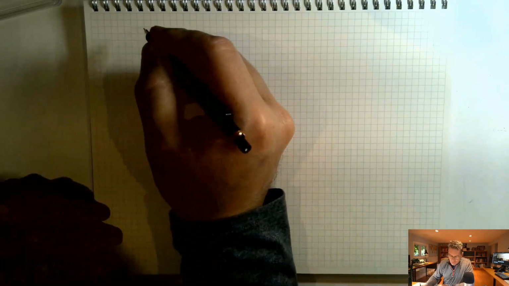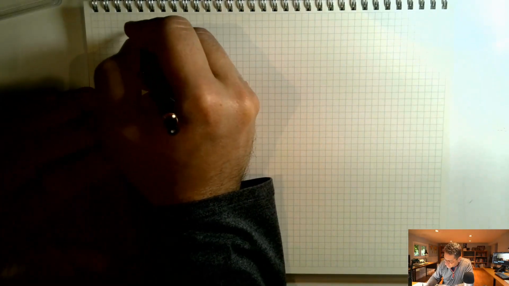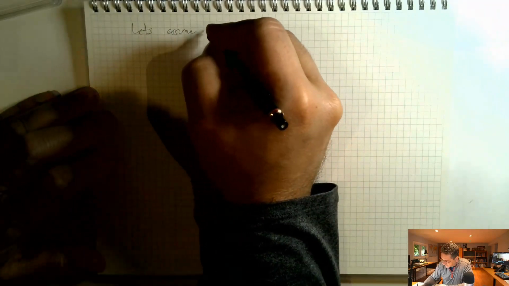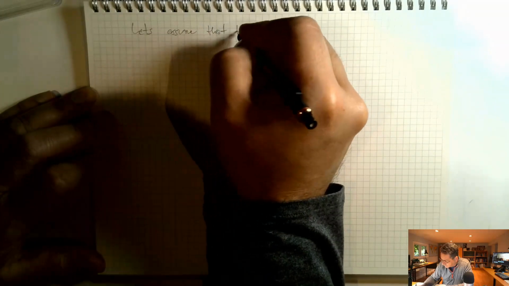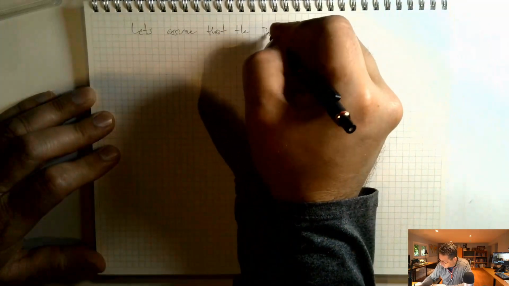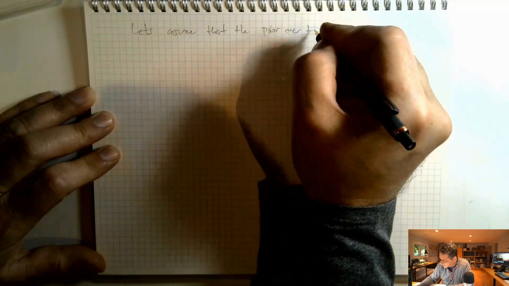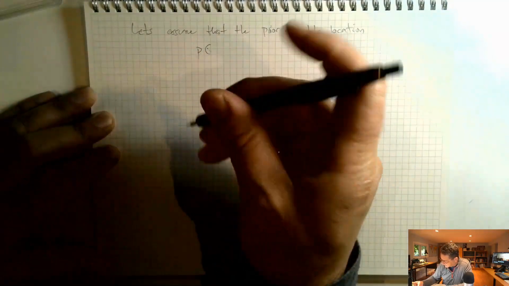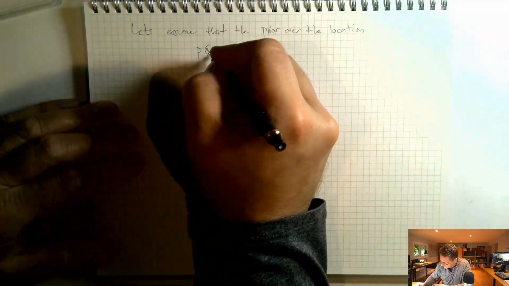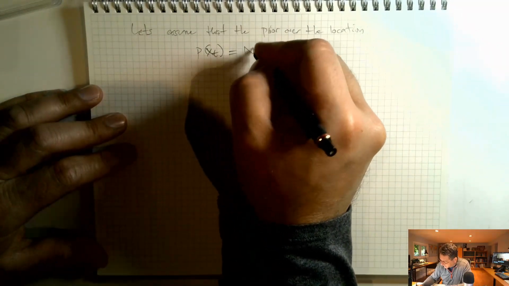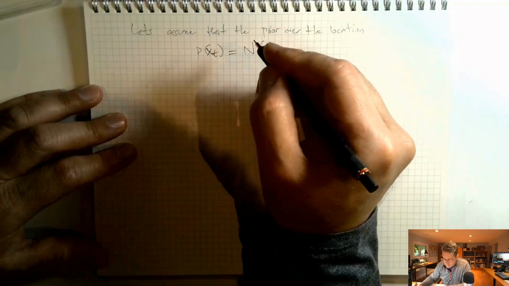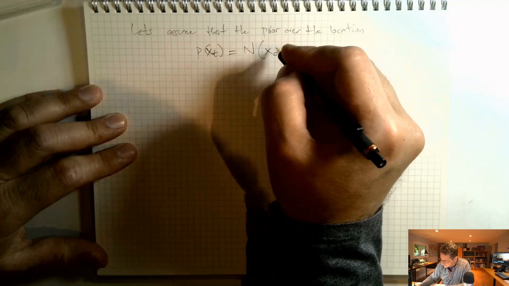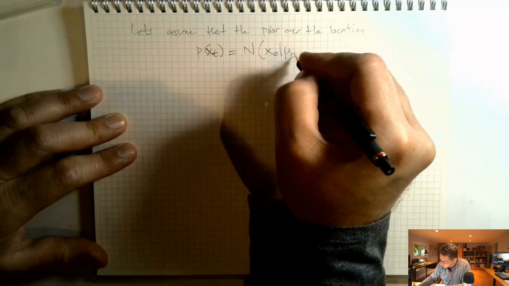So let's assume that the prior over the location, let me call this P of xt, is given by a normal distribution of, using the notation we used before, x0 given mu 0 and sigma 0 squared.